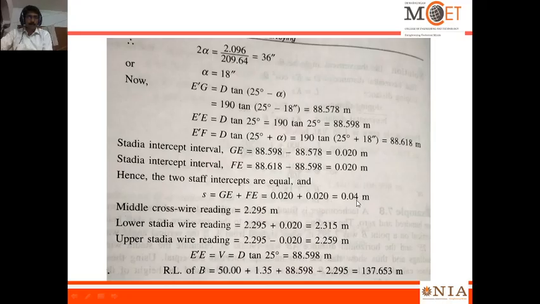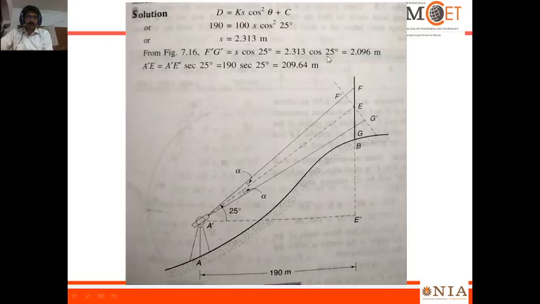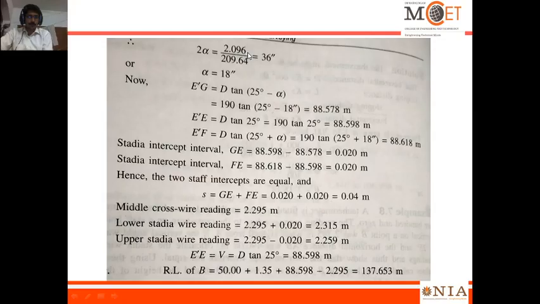What we have obtained here, S is 2.314. Here the staff intercept 0.04. So middle crosswire reading we have obtained as 2.295.